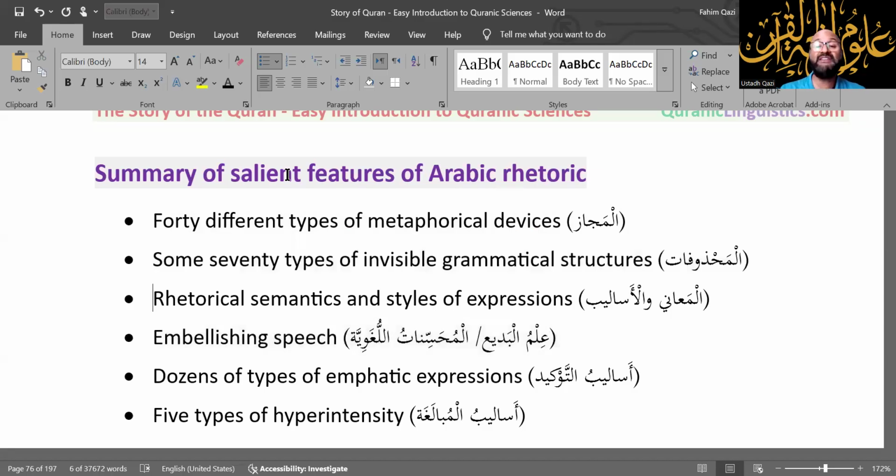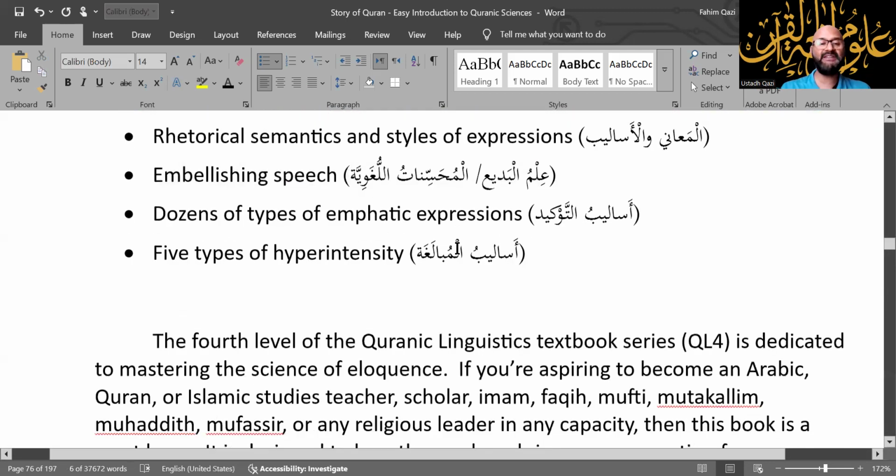Embellishing speech, their techniques. Al-mahdhufat is the word for that. Al-ma'ani wal-asalib. Al-ma'ani is semantics and al-asalib is styles of expressions. Ilm al-badi and al-muhassinat al-lughawiyya is a technical term for how to embellish your speech, make it sound beautiful. There's asalib al-tawkid and there's asalib al-mubalagha, hyperintensity.